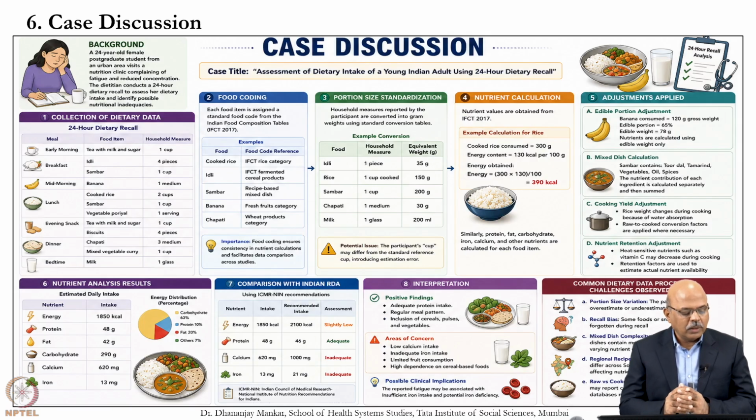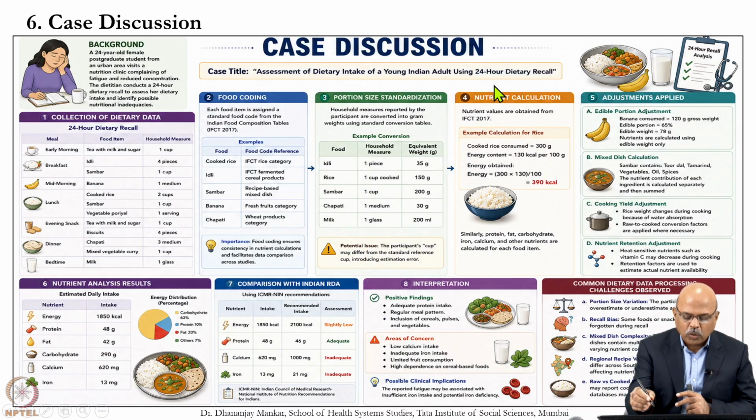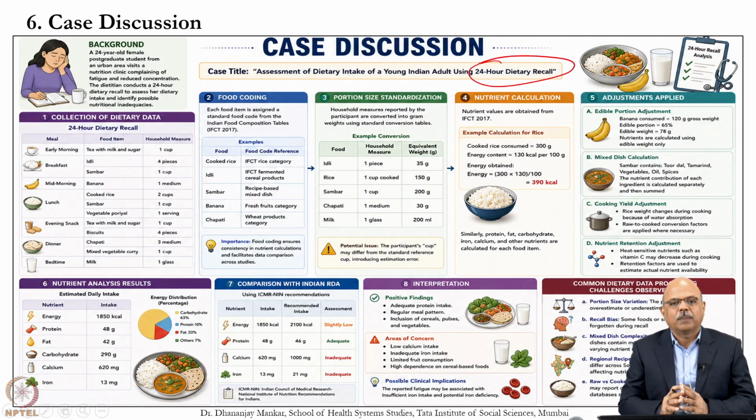This girl meets the dietitian, and the dietitian conducts a 24 hour dietary recall to assess her dietary intake and identify possible nutritional inadequacy. In this case, we are trying to assess the dietary intake of a young Indian adult using 24 hour recall, which is very important to be taken in this case study.